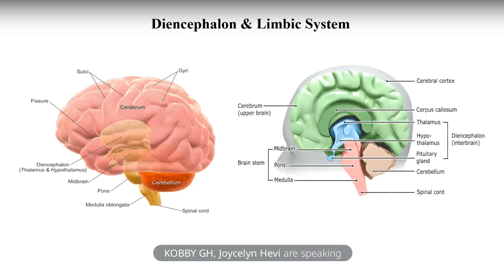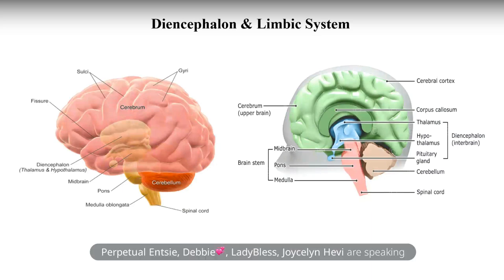Okay, which part of the cerebrum is responsible for speech production? A, Broca's area. B, primary motor cortex. C, premotor cortex.